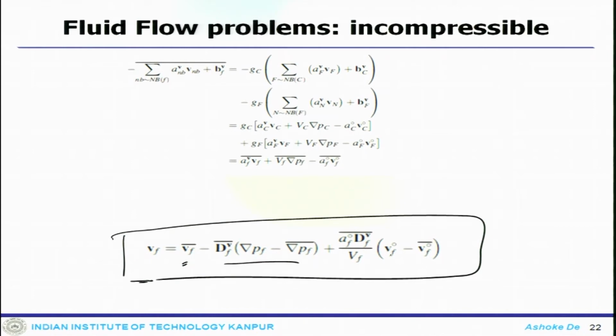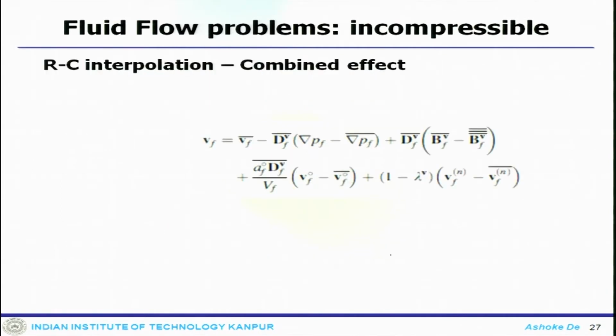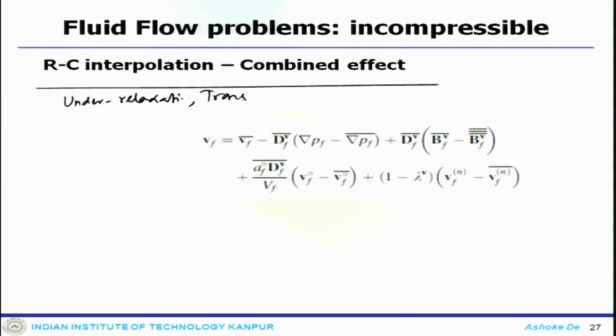Also one can do the treatment of the under-relaxation and body force terms. If you do the treatment, you can actually get the result, and then let us look at one important thing: the interpolation for all combined effects, which takes care of the under-relaxation term, the transient term, and also the body force term.